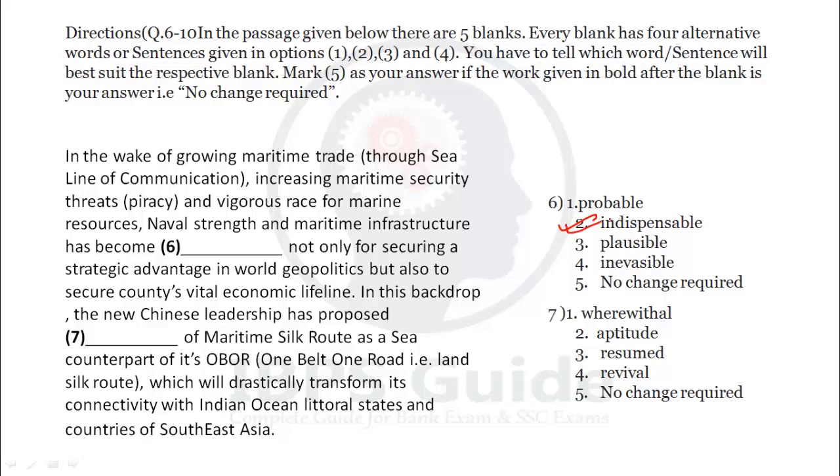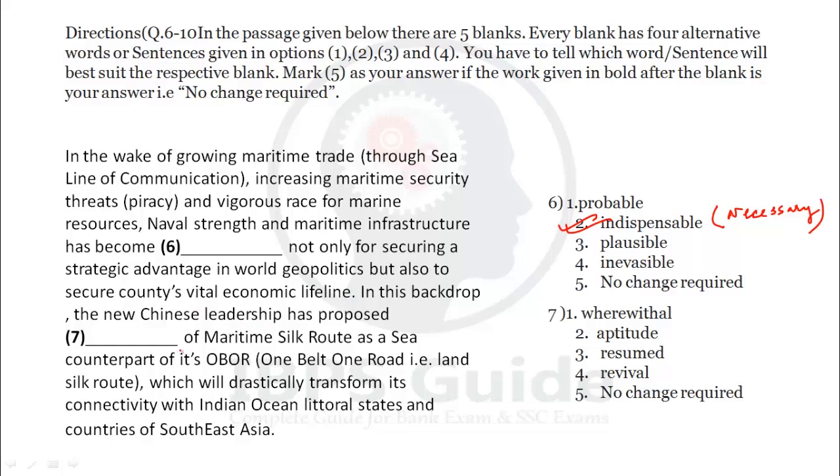So that's why it is the correct option. Indispensable not only for securing a strategic advantage in world geopolitics but also to secure country's vital economic lifeline.